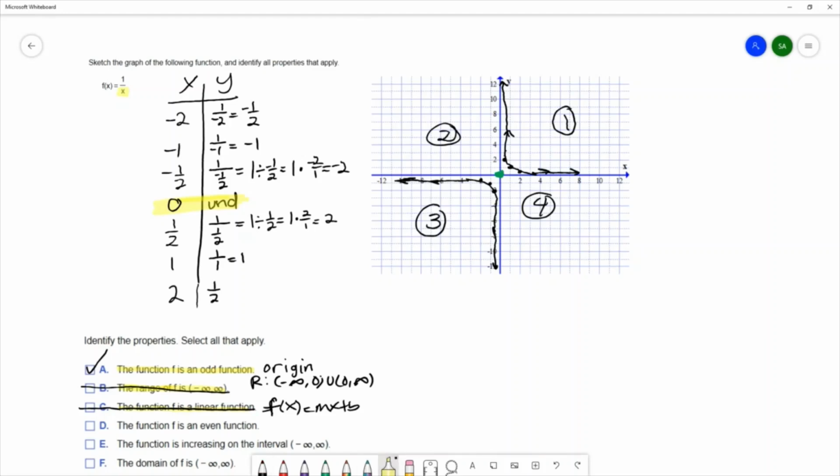The next property says the function f is an even function. For a function to be even, the graph needs to have y-axis symmetry. And y-axis symmetry is when you have a mirror image over the y-axis. So anything on the right of the graph needs to have a mirror image on the left. You can see that quadrant 1 and quadrant 2 do not mirror each other, so we would not select the property that this is an even function.